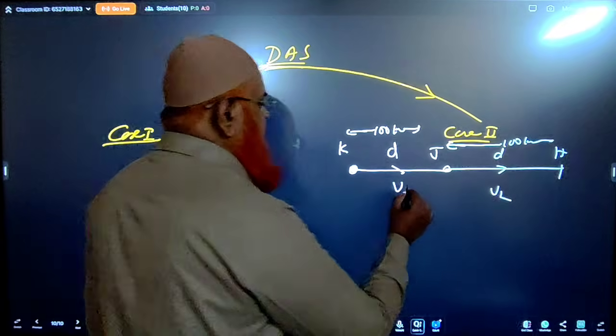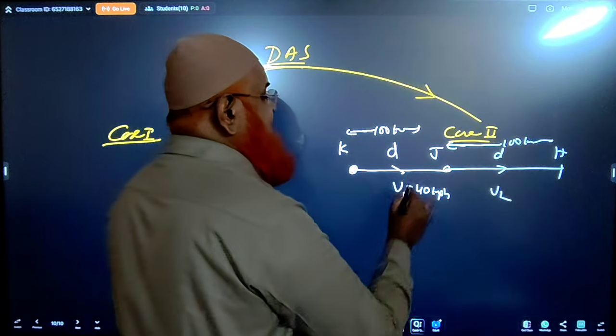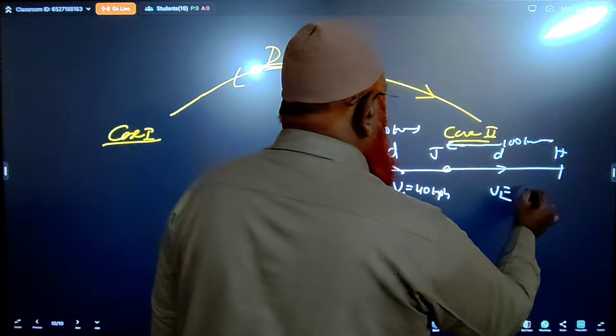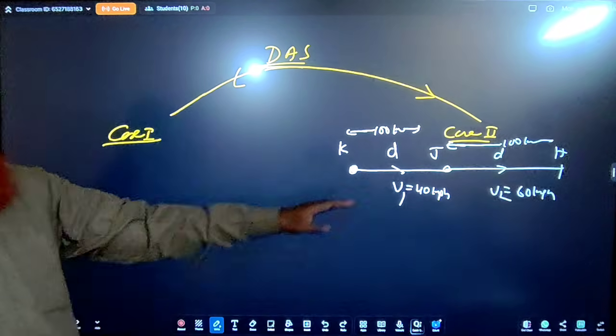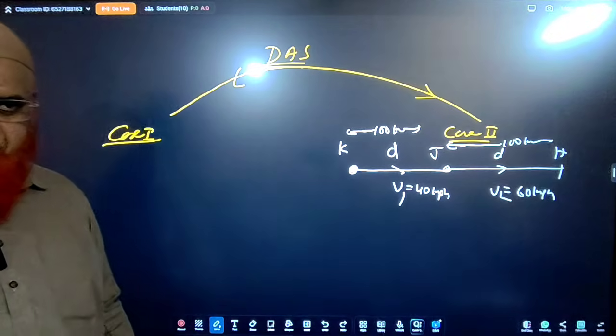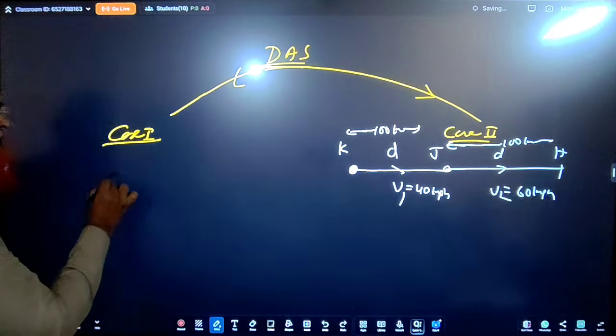Let us imagine that the speed is 40 kilometers per hour from Kurnool to Jadcherla, and from Jadcherla to Hyderabad it is 60 kilometers per hour. Let us imagine this much data is given. That's it. This is case 2. Let us take case 1.